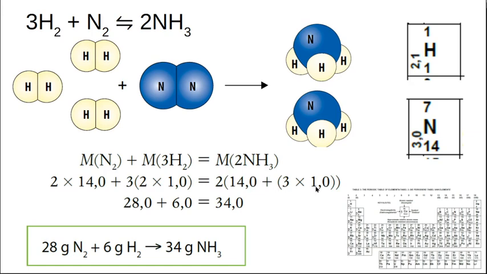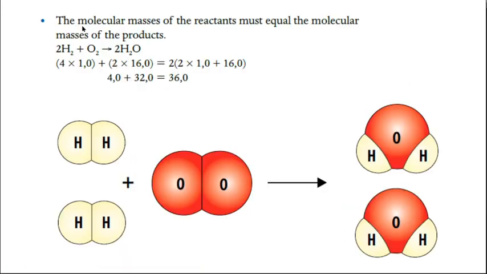So 14 plus 3 is 17. 2 times 17 is 34. So here 28 grams of nitrogen plus 6 grams of hydrogen will go to 34 grams of ammonia. So the left-hand side equals the right-hand side, which means the law of conservation of mass has been proved based on the chemical formula of the compounds and the coefficients in the balanced equation.